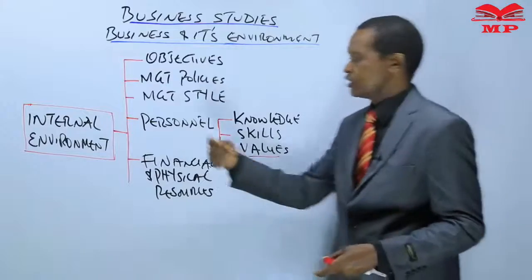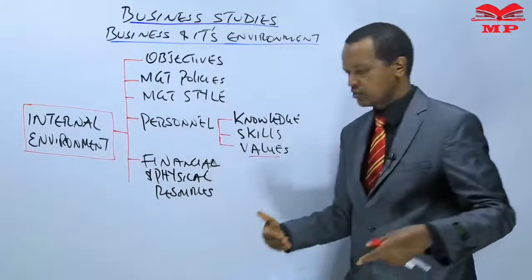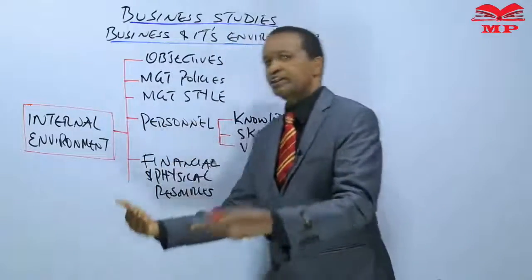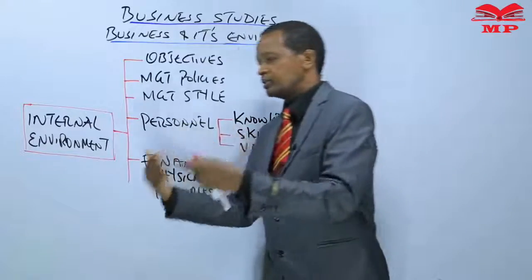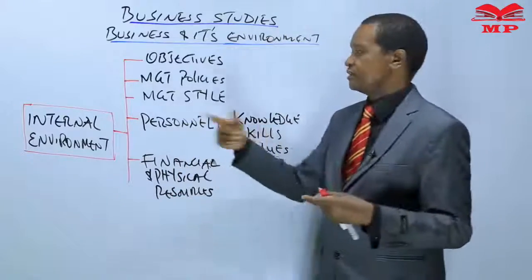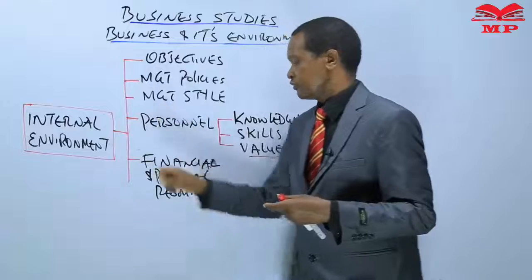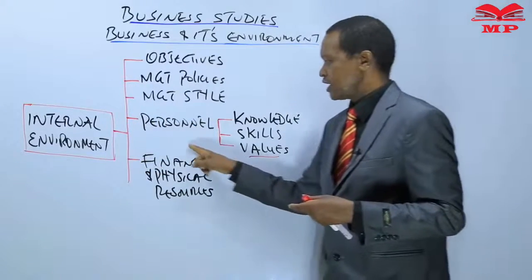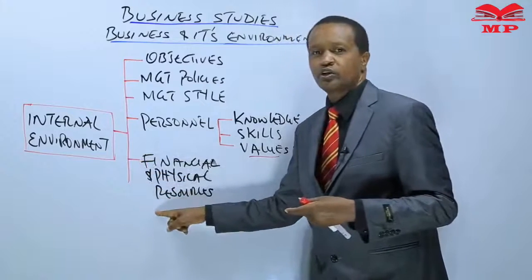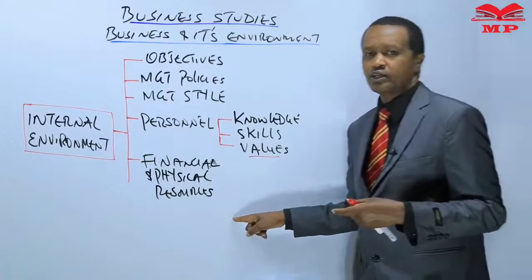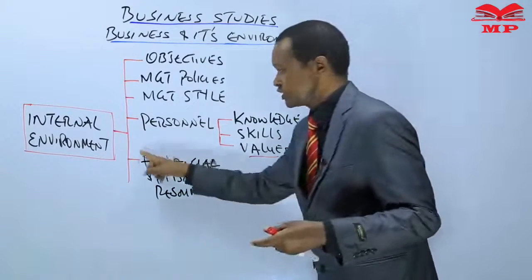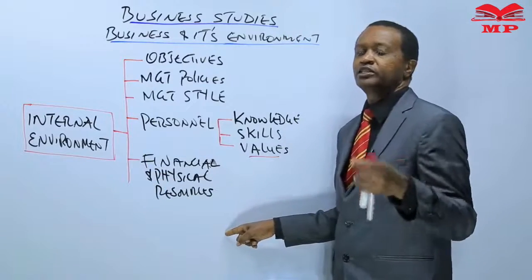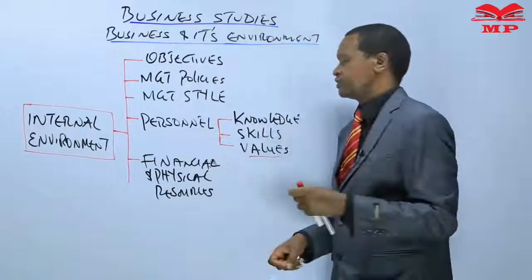We said internal environment are factors or conditions which are within the control of the business and which affect the operations of the business. So if the business is able to afford, or if these financial resources are available, then the business will achieve its objectives.